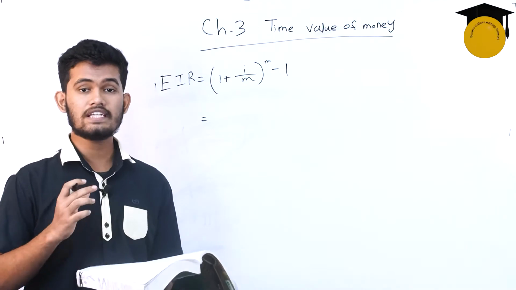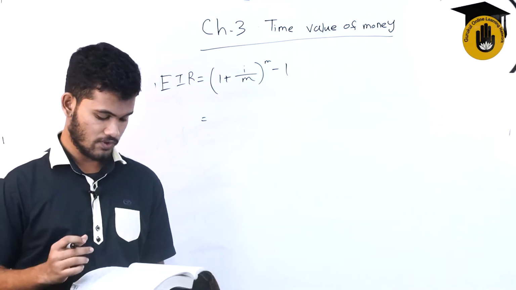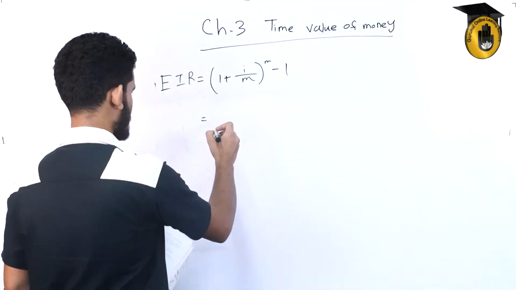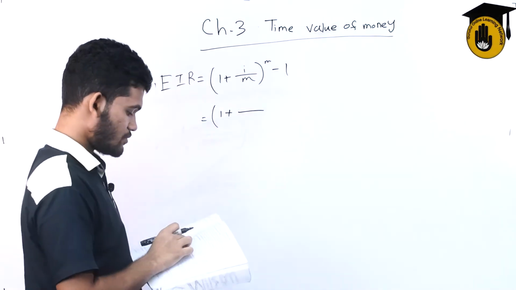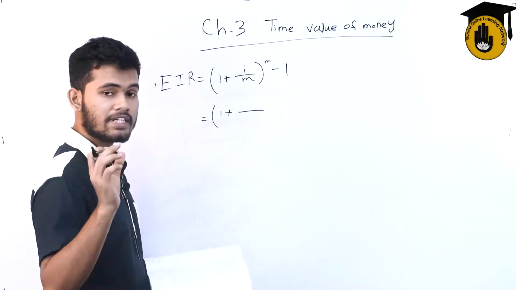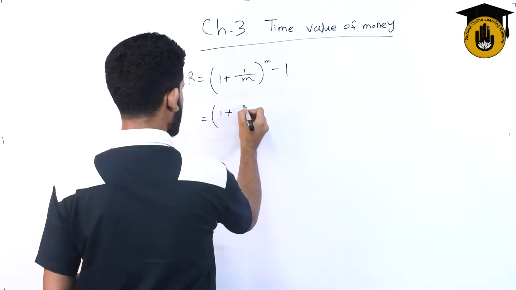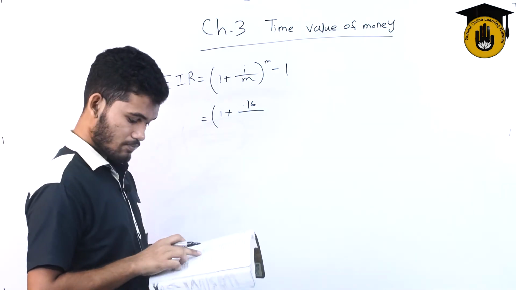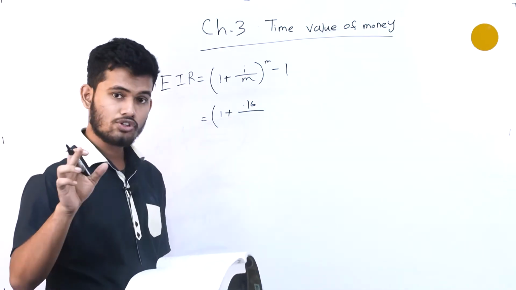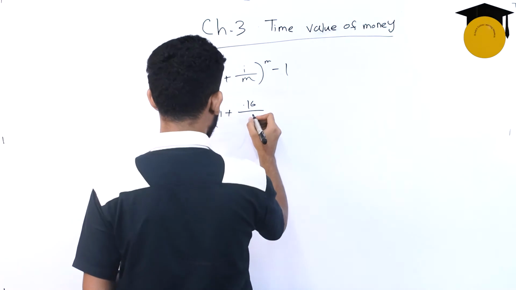So for that we need EIR, the effective annual interest rate. Let's put it down. 1 plus I, where the interest rate given is 16%, so it will be 0.16. And the compounding M was given as quarterly, so the value will be 4, since it is every 3 months.